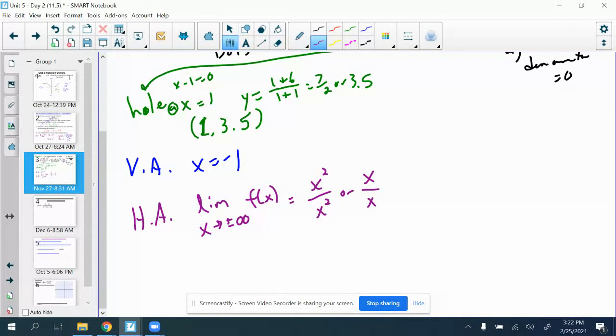Both of these would simplify down to 1 over 1 as coefficients, so my horizontal asymptote would be at y equals 1. So we have a hole at 1 comma 3.5, a vertical asymptote at x equals -1, and a horizontal asymptote at y equals 1. And I forgot to write that step down.